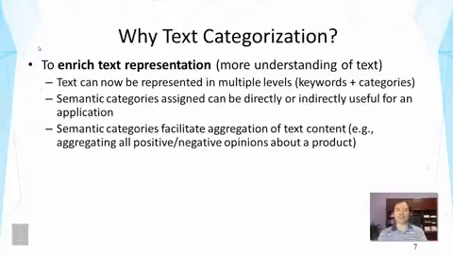For example, if we want to know the overall opinions about a product, we could first categorize the opinions in each individual review as positive or negative. And then that would allow us to easily aggregate all the sentiments.